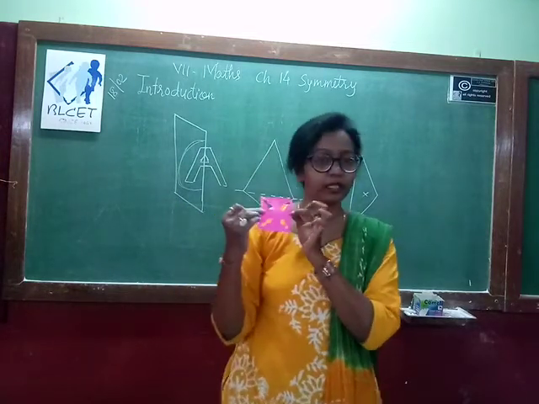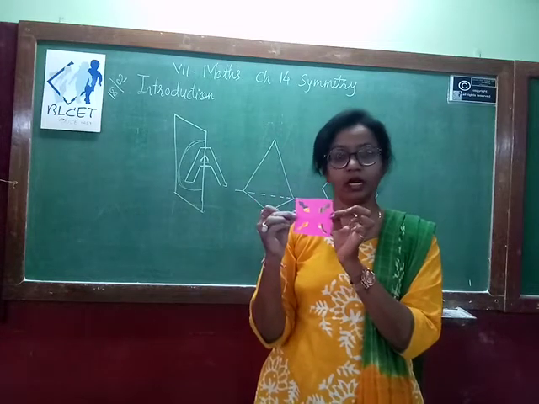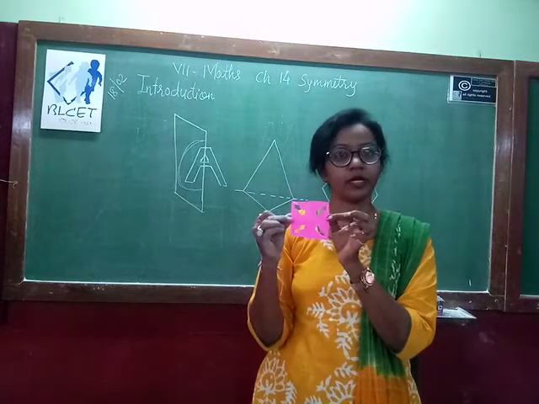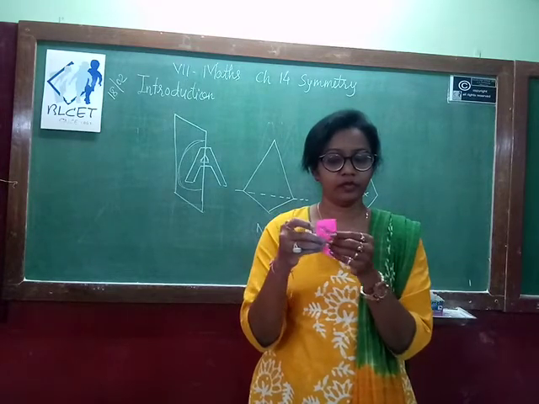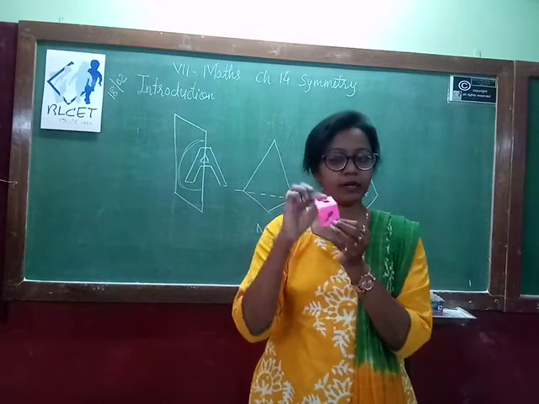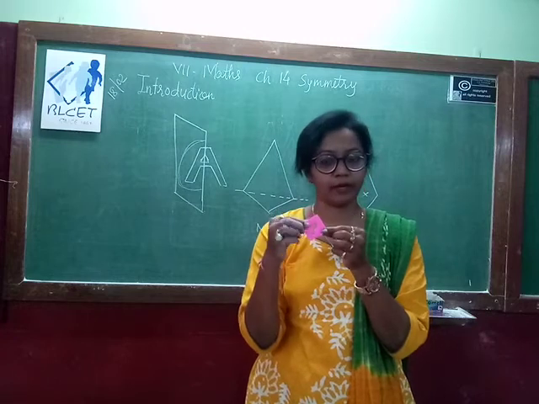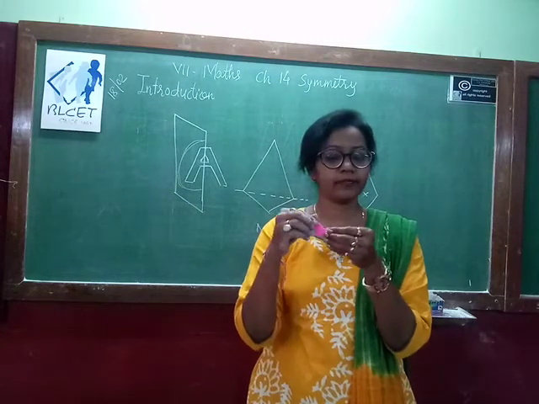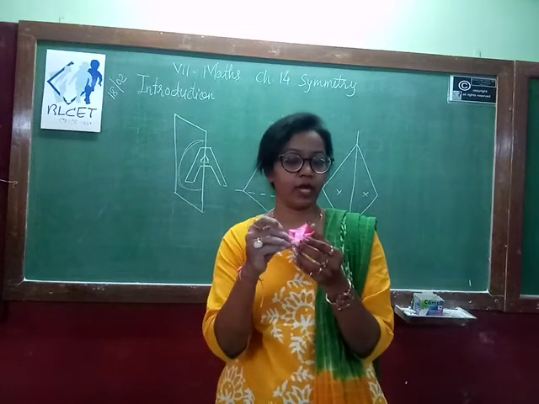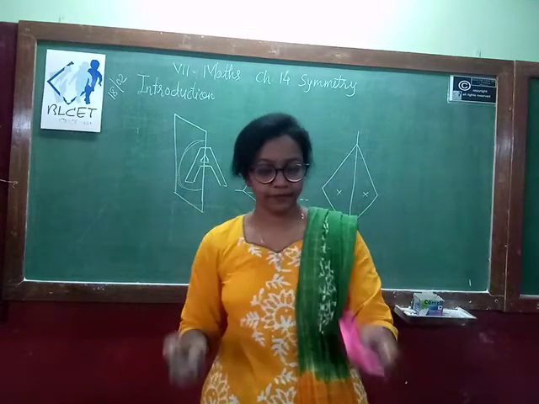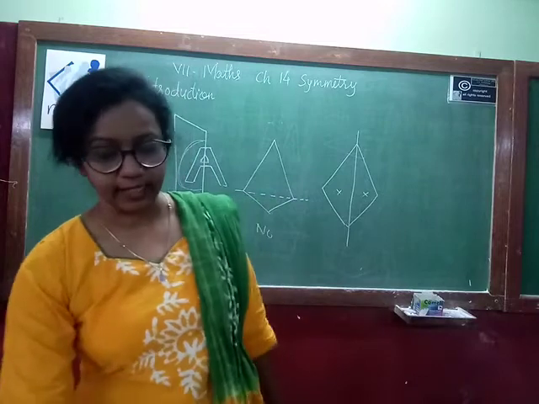So this is nothing but symmetry. This is also known as a symmetry pattern. When you fold it, this is also a symmetry pattern. When you fold it like this, because the paper is in a square shape, you get various kinds of patterns and you can form them this way. This we also learned in 6th standard.